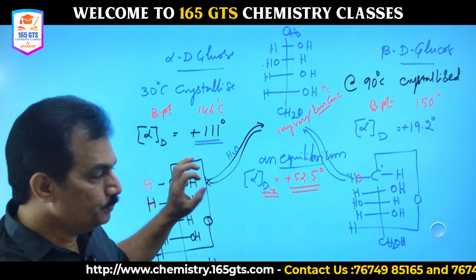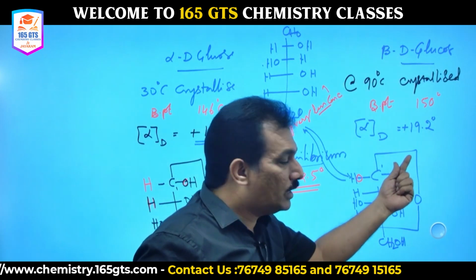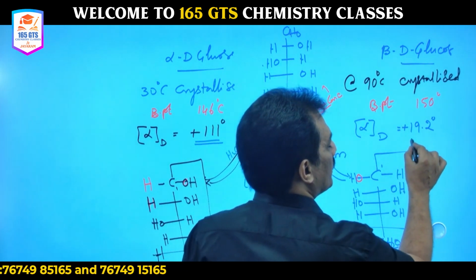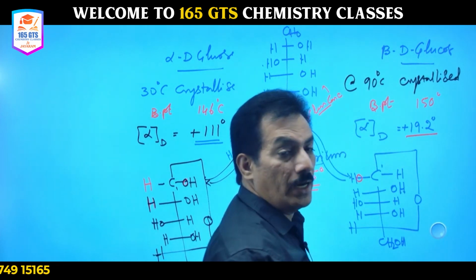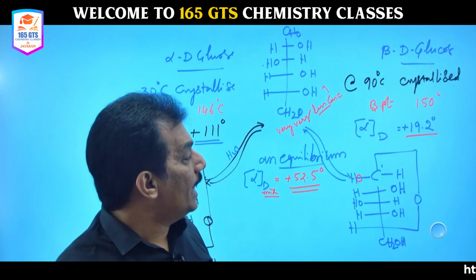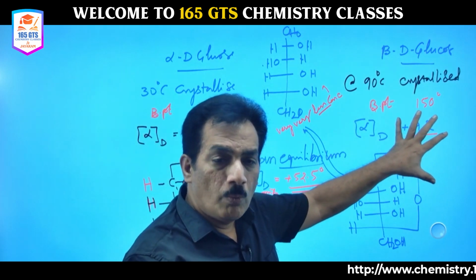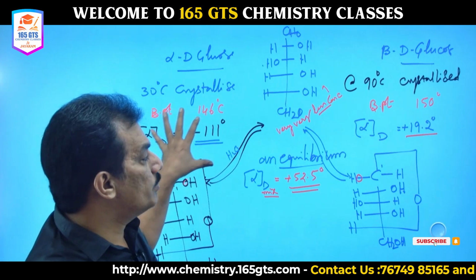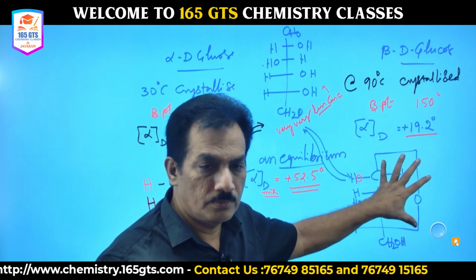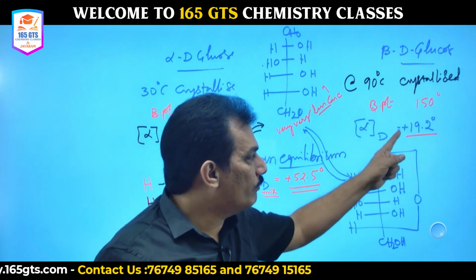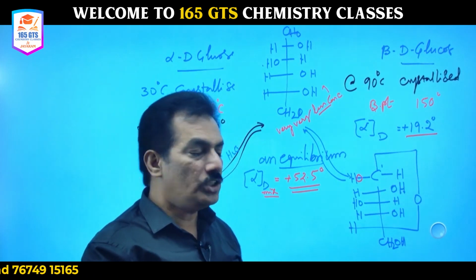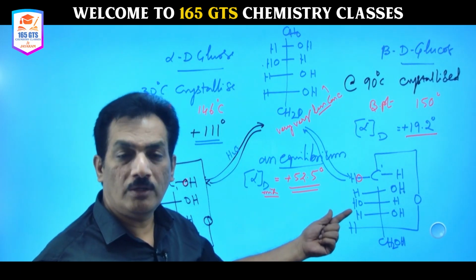Instead of alpha, if we are dissolving beta D glucose in water, which has specific rotation plus 19.2 degrees, again it also opens and closes. In due course it establishes an equilibrium in this scenario. So again from plus 19.2, the specific rotation changes to plus 52.5.